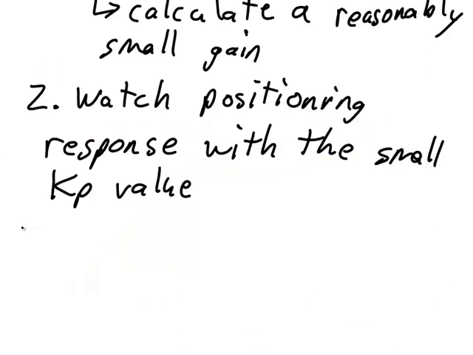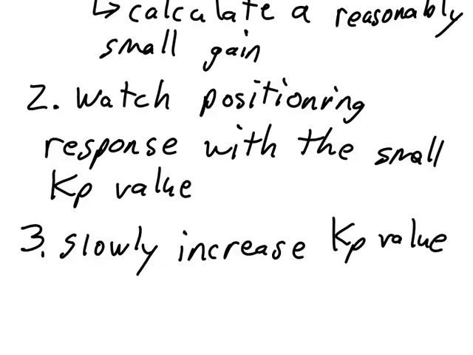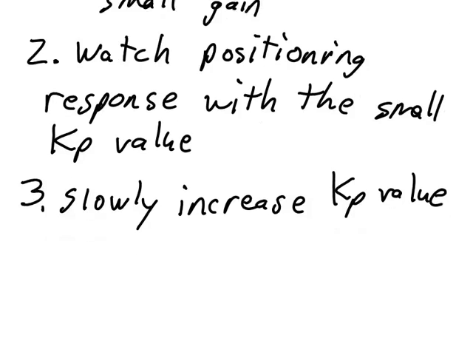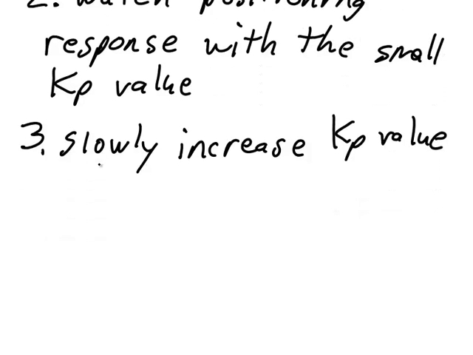So up here, step 3 is to slowly increase the Kp value. As we slowly increase the Kp value, we will see 3 effects occur. We will see a decreased rise time. In other words, the response will get faster.